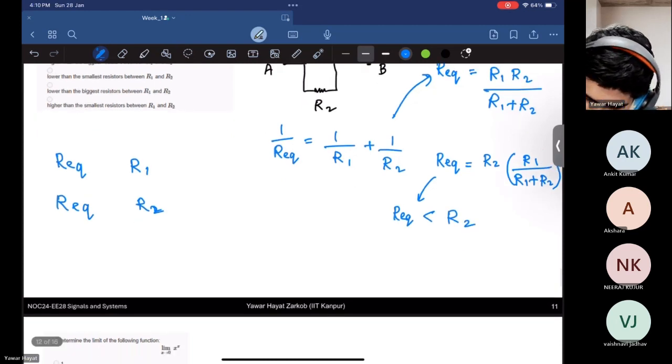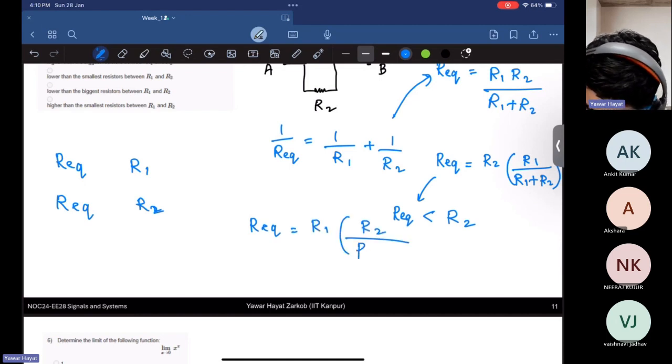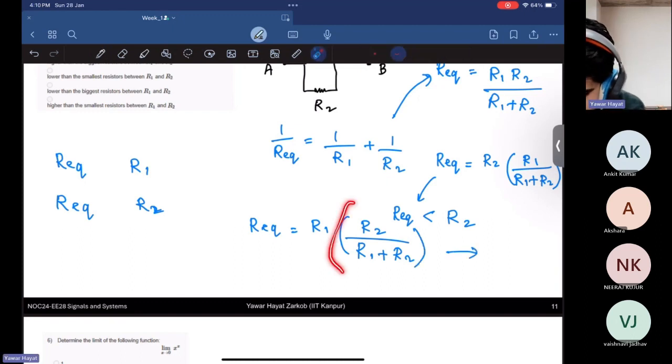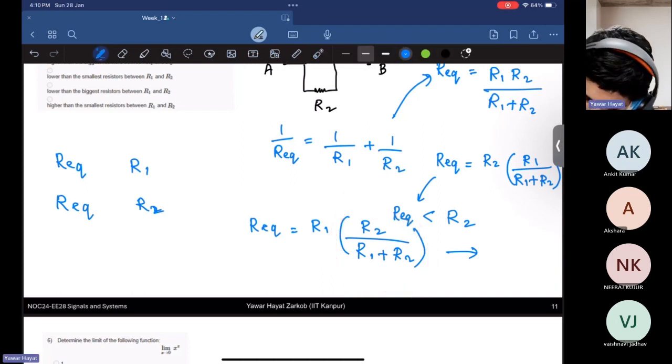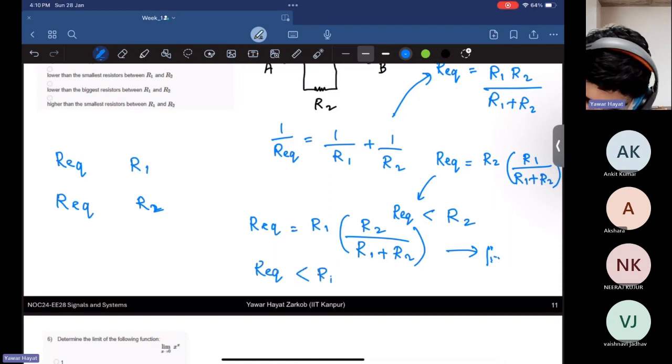Similarly, we can write R equivalent as R1 times R2 by R1 plus R2. Again, this fraction is less than 1. So R equivalent is less than R1.